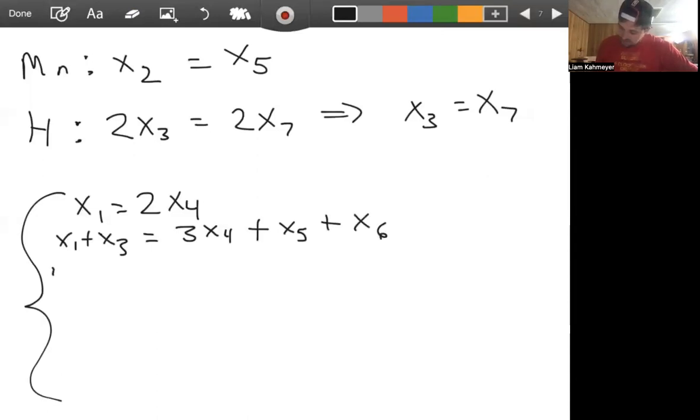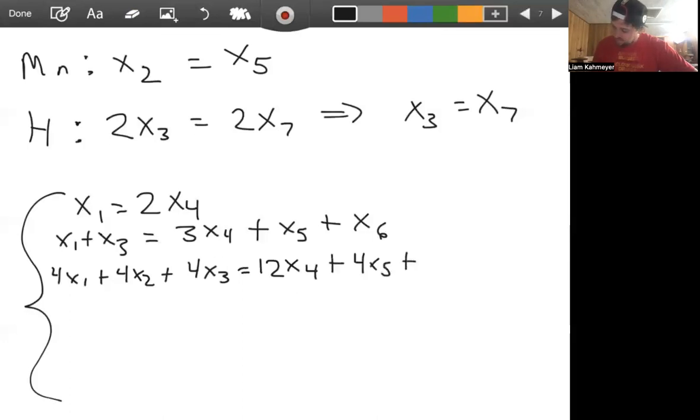And then we have 4x1 plus 4x2 plus 4x3 equals 12x4 plus 4x5 plus 4x6 plus x7. That equation is brutal.